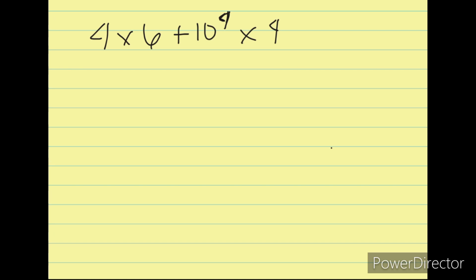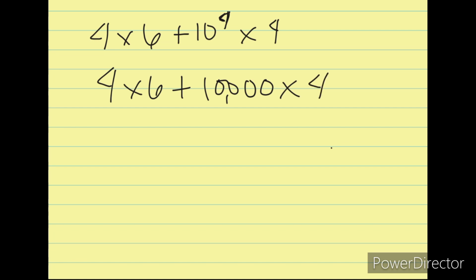Since there's no grouping, let's proceed to exponent. Okay, 4 times 6, then plus, 10 to the 4th power is 10,000, because you multiply 10 by itself 4 times. So we have 10,000 times 4.